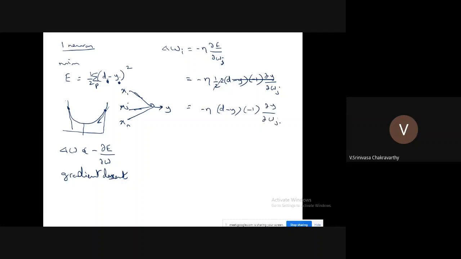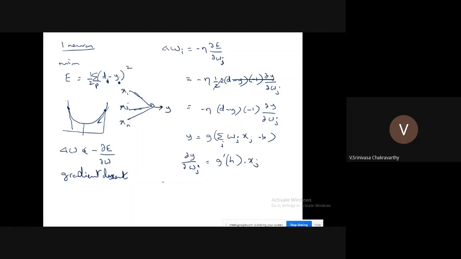So what is dou y by dou wj? So y is given as g of sigma wj xj minus b. So dou y by dou wj is equal to g prime. So this whole thing I'm defining as h. Okay, and g prime times xj.